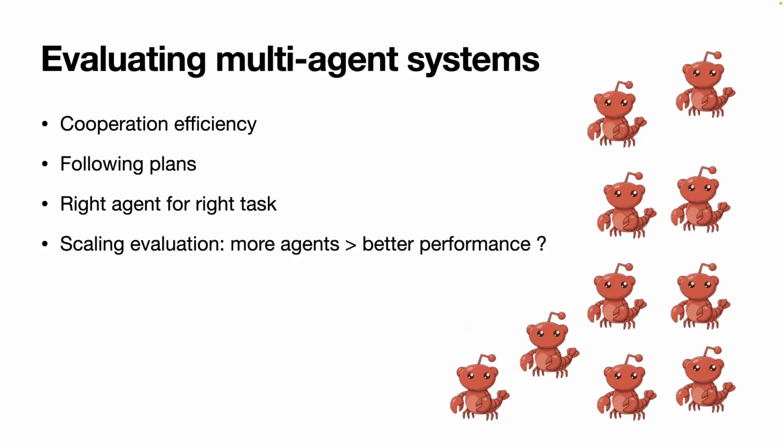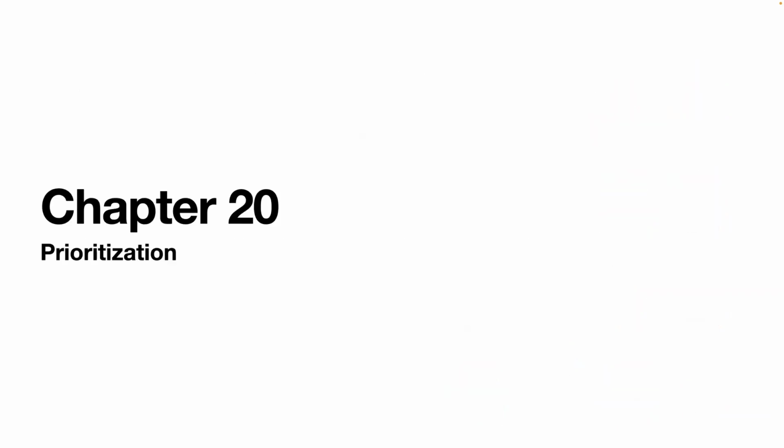And if you add more agents to work on one task, is it actually better for performance or not? You will not be able to answer this question without establishing a proper evaluation and monitoring framework. That's it. Any questions regarding chapter 19?